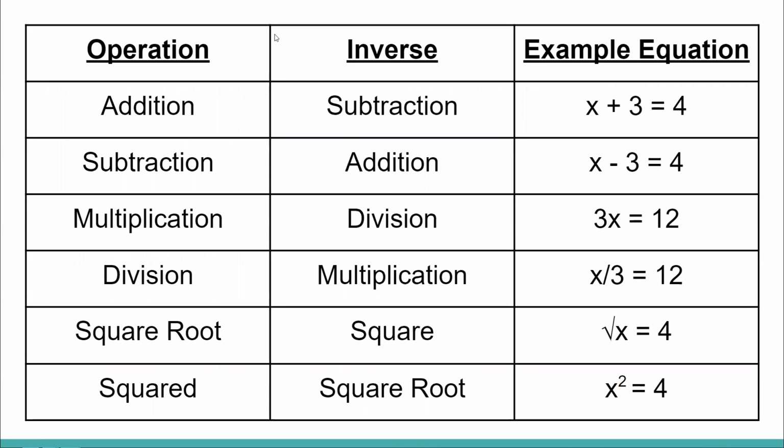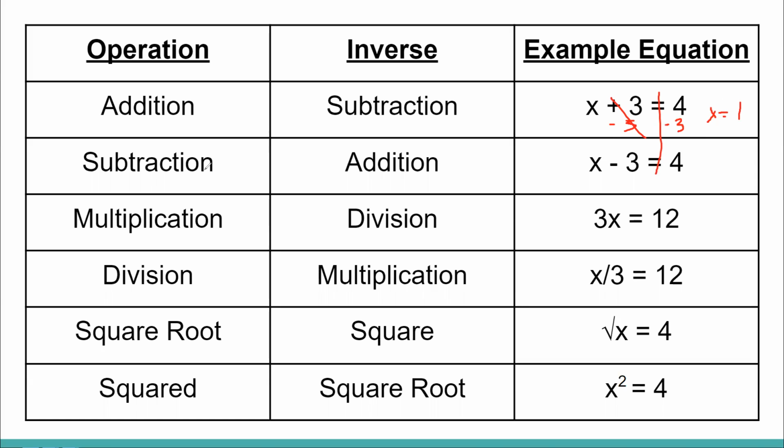Because when I have a plus 3 there, I know if I took away 3, that would equal 0. X plus 0 is just going to be x, so that goes away. But whatever you do to one side, you have to do to the other. So since we took away 3 on the left, we have to take away 3 on the right. And so I would get x equals 1 for that first problem.